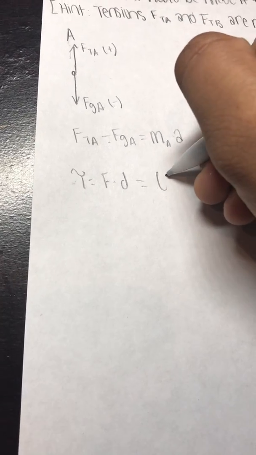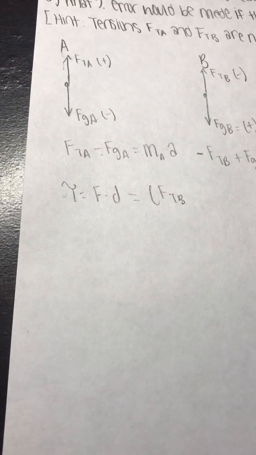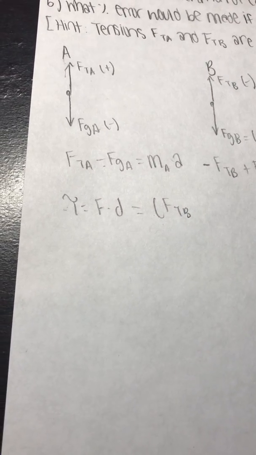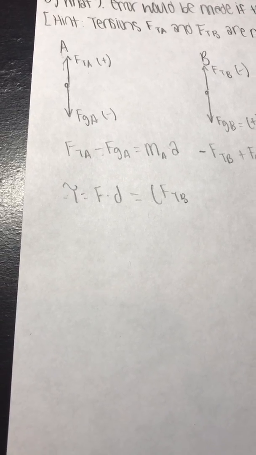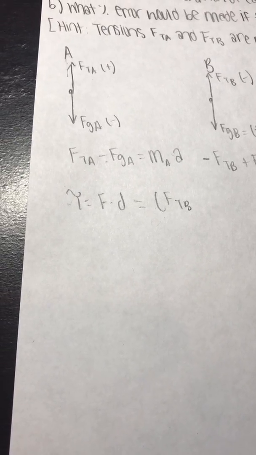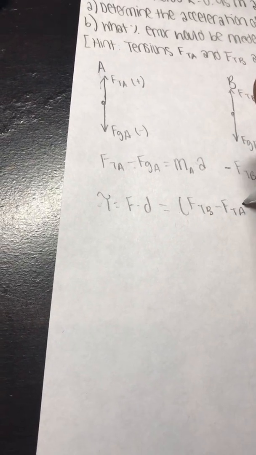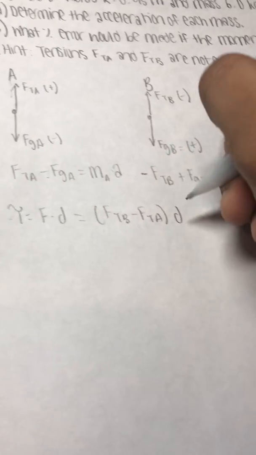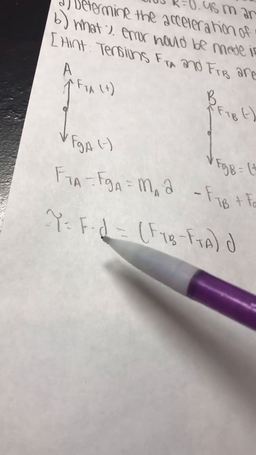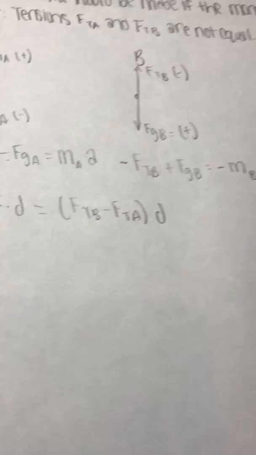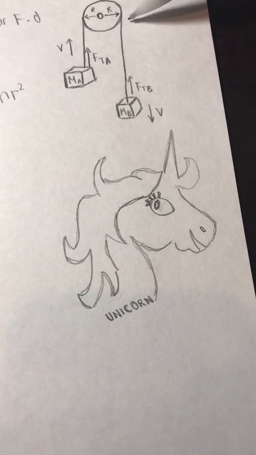So I can do force TB minus force TA, and then I can multiply it by our displacement. So how did I do that? Well, I know that it only takes into consideration the perpendicular forces. So it's only going to take into our consideration our forces that are going up.